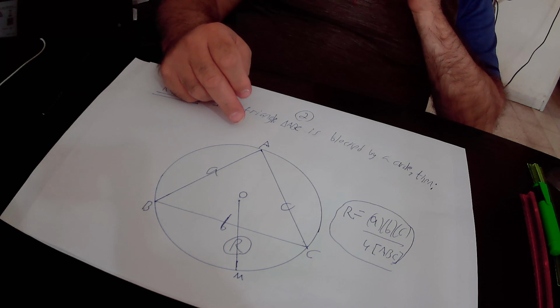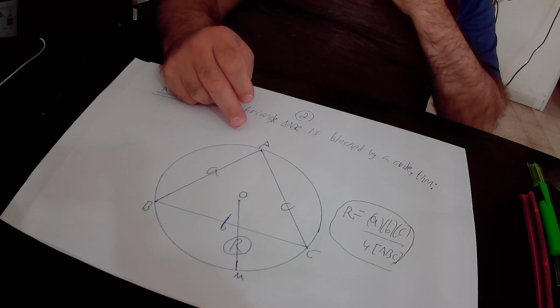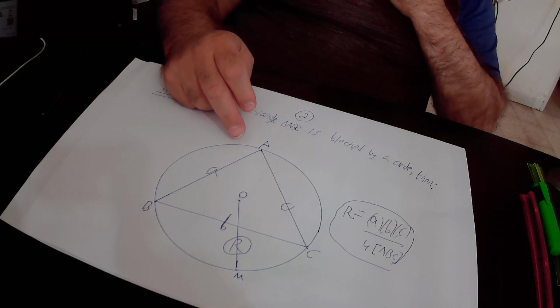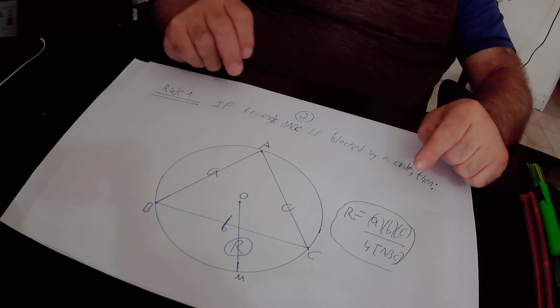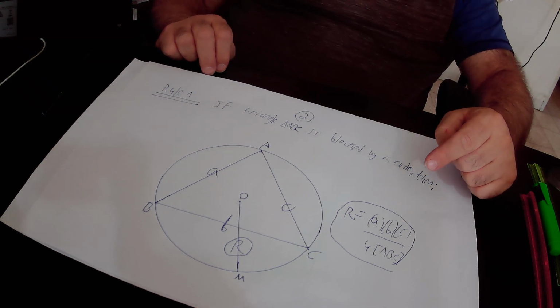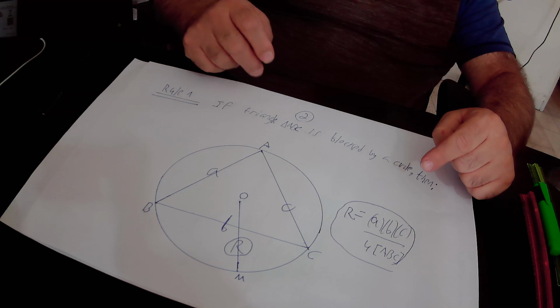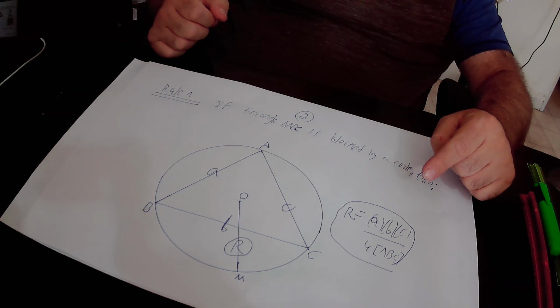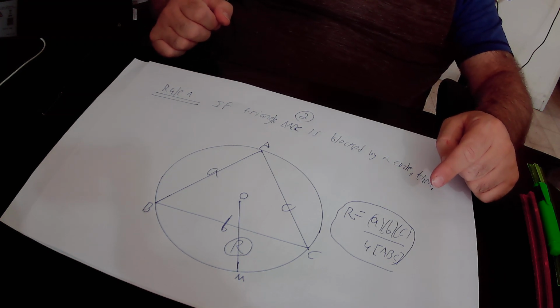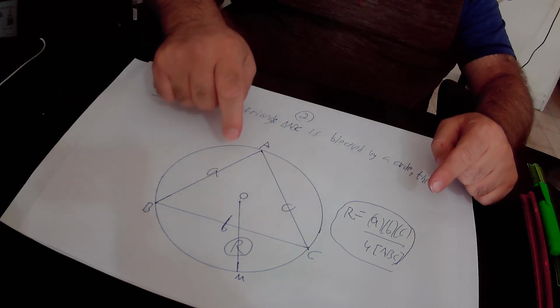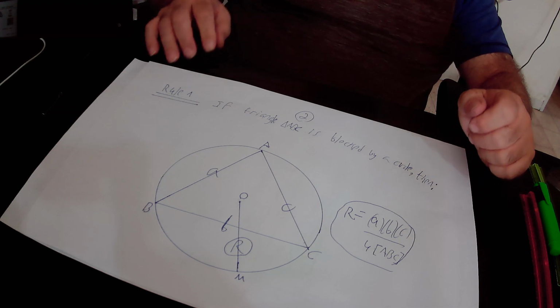Then, whenever you have a triangle that is blocked by a circle, you can find the radius of this circle according to the following formula: the radius of the circle that blocks triangle ABC, which could be any triangle, equals A times B times C, that is the multiplication of the side lengths of the triangle, over 4 times the area of triangle ABC.